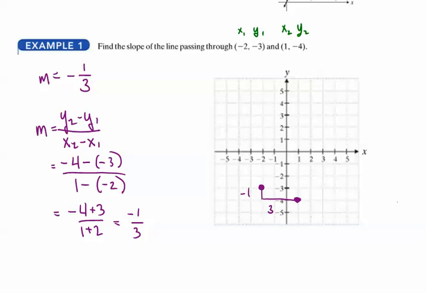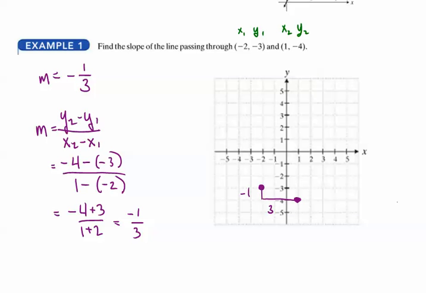So we could have calculated this more easily just by looking at the graph. We won't always have the luxury of having a graph. Sometimes the values we're given are not easy to plot on a graph. And if you hand draw a graph and plot the points, the graph has to really be accurate.